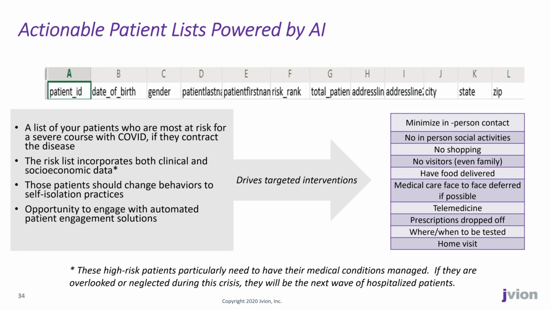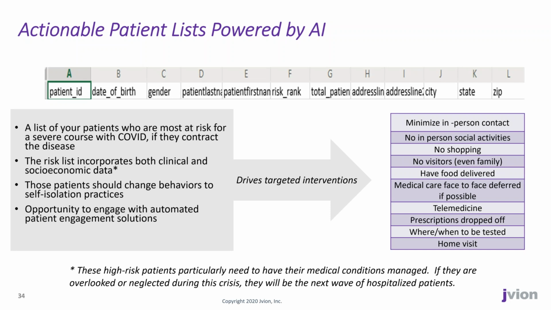for strong self-isolation. So what our clients are doing with this, they're reaching out by phone call, they're reaching out by patient relationship management systems via text, and they're advising these high-risk patients to minimize personal contact, minimize the social interactions, don't go shopping themselves, don't have visitors, really even family come in, get your medical care done via telehealth if you can.